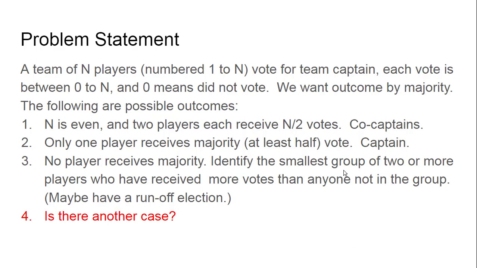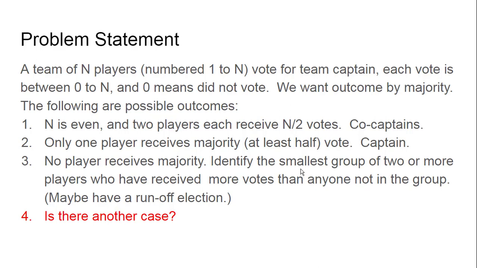We want to identify a group of 2 or more players who receive more votes than anyone who's not in the group, and we want the smallest such group. You can think a little bit about what this means. We will return to how to implement this later.